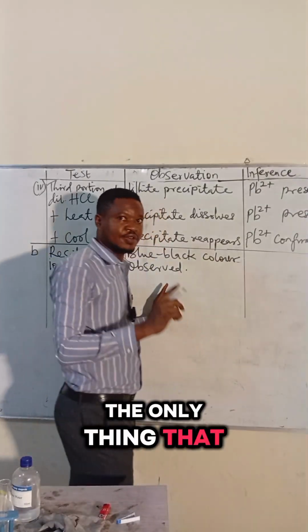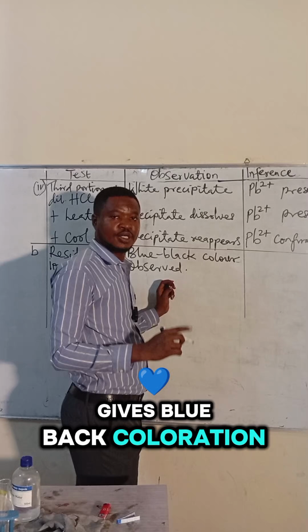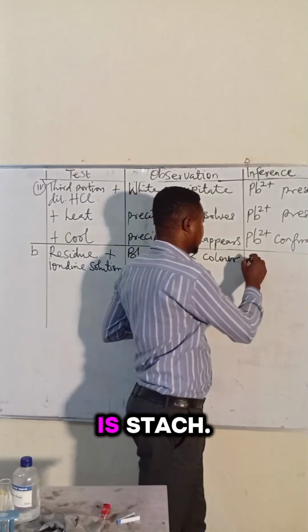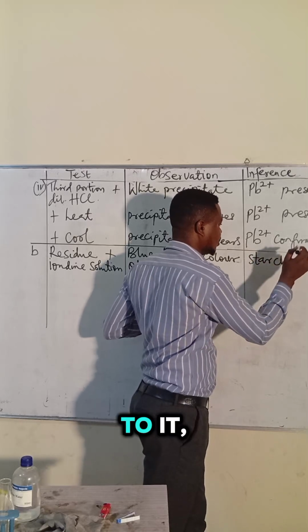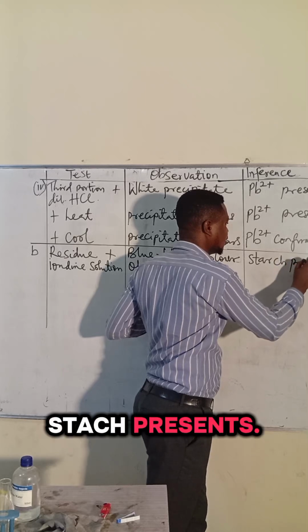The only thing that gives blue-black coloration is starch. When iodine is added to it, starch present.